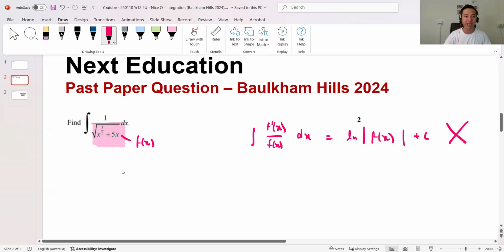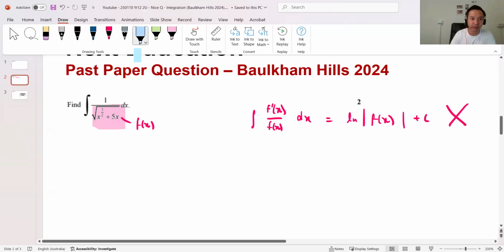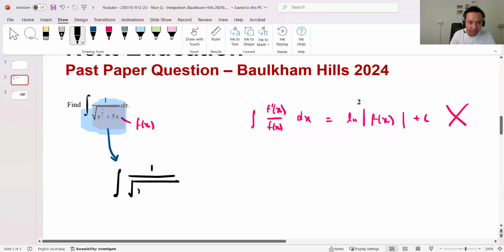Instead, the way forward for this is to use a bit of algebra and rearrange some things first. So firstly, see how it's x^3 on 2 plus 5x, factorize x out, and that becomes x to the power of a half plus 5 dx. Now, I'm just going to use some indices to make this work. Every time you see a square root, make it a power of half.